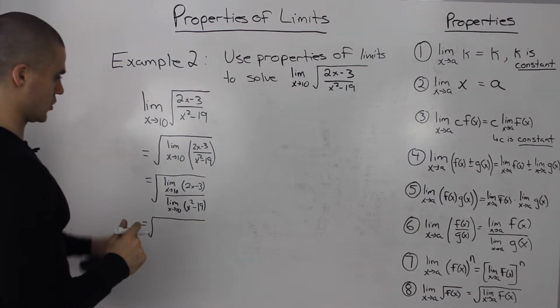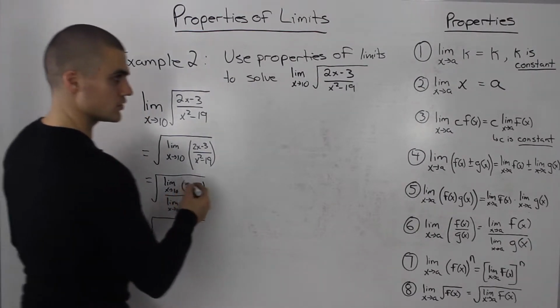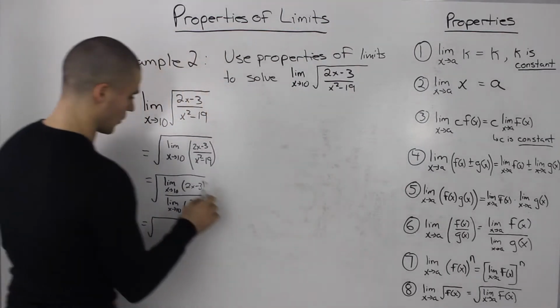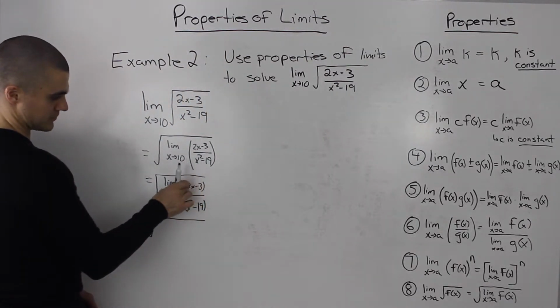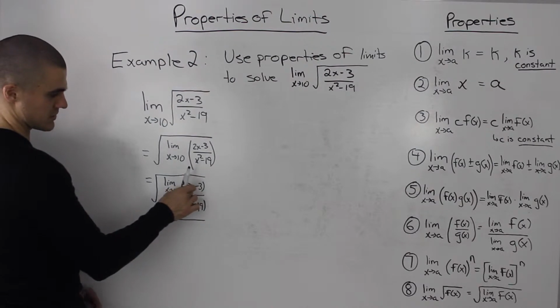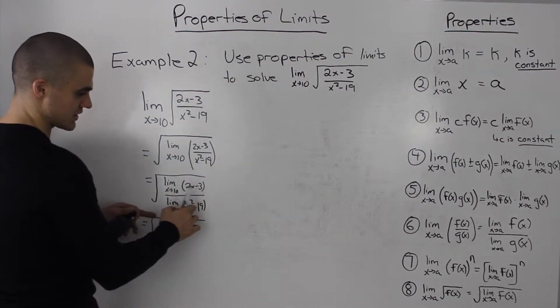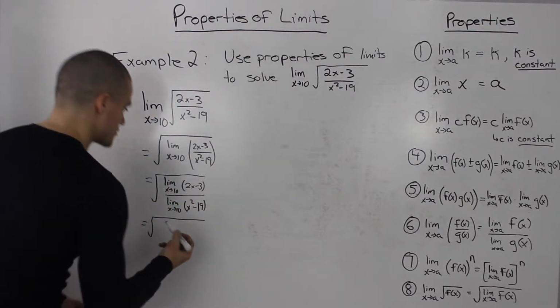Next, I am going to use property 4 to split up these functions here. So the 2x minus 3 I'll split up into two functions, and the x squared minus 19 I'm going to split up into two functions.